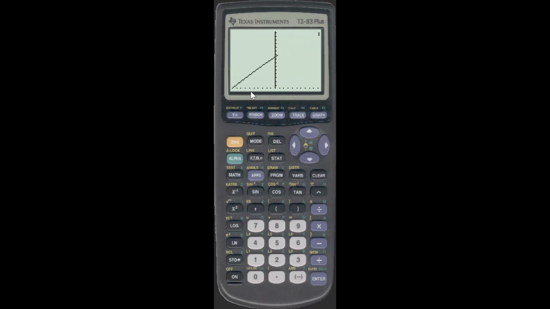Does your graph look something like my graph? No, my graph is different. What does your graph look like? The blue line is going up and then going down, and the red line is going all the way up across the y-axis. Okay, if you go back to y equals, how many things do you have graphed?